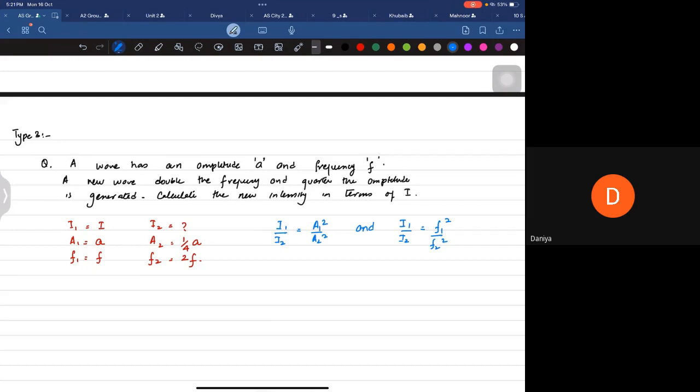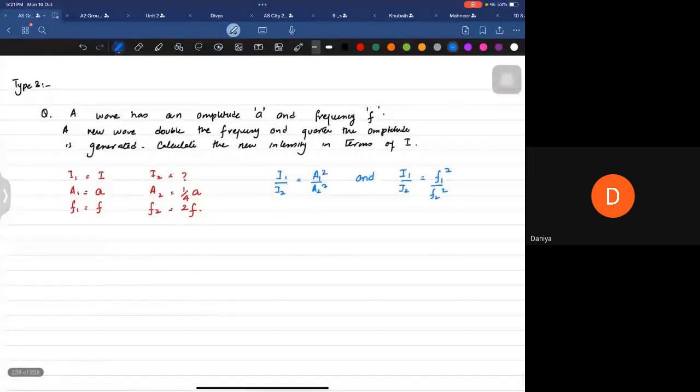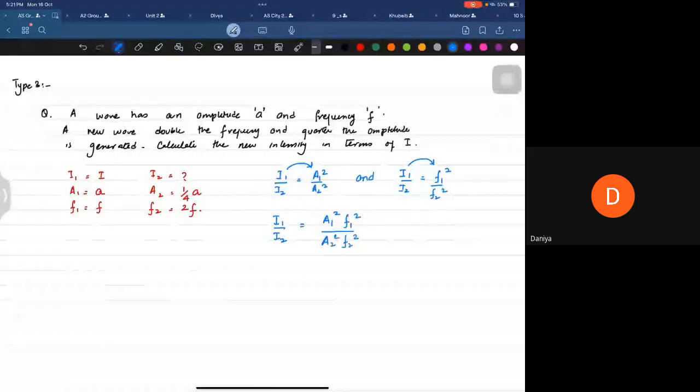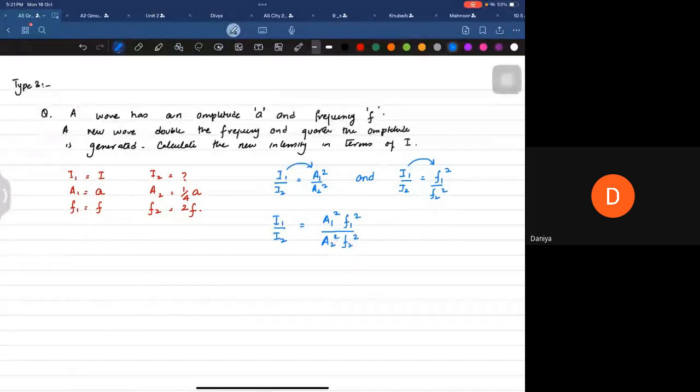So we're going to combine them. We can do that by simply writing I1 and I2, because I is directly proportional to A squared and I is also directly proportional to F squared, so we can combine them like this: A1 squared F1 squared divided by A2 squared F2 squared. If somebody doesn't understand this, please have a look at it very carefully.